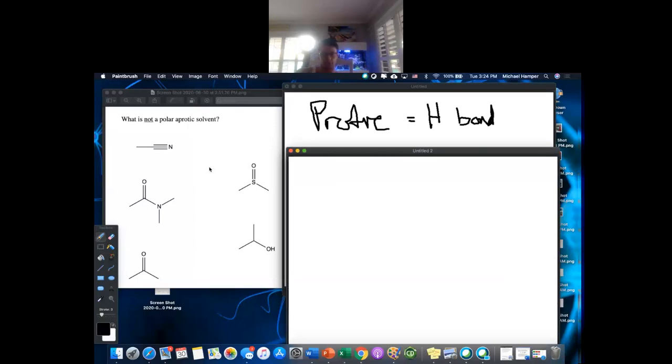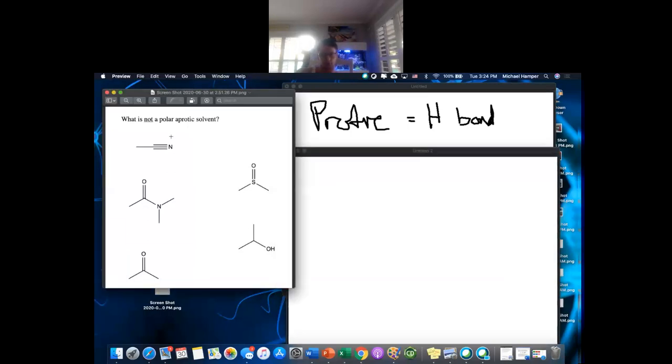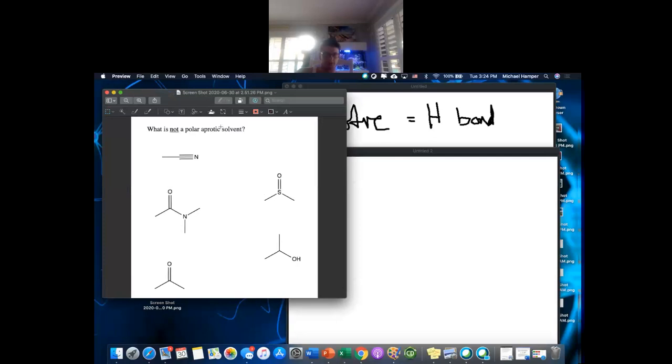So does anybody know? Let's just say this is A, B, C, D, E. Does anybody know which one is protic? The alcohol. The alcohol is correct. That is your answer. Because here, this sulfur and oxygen, although it's polar, you don't have any hydrogen bonding.